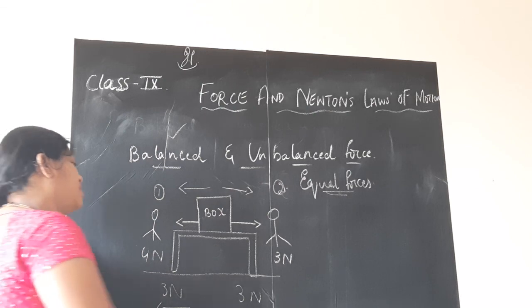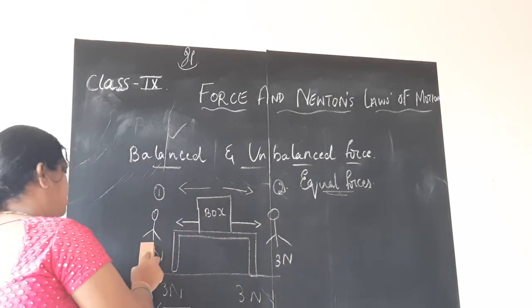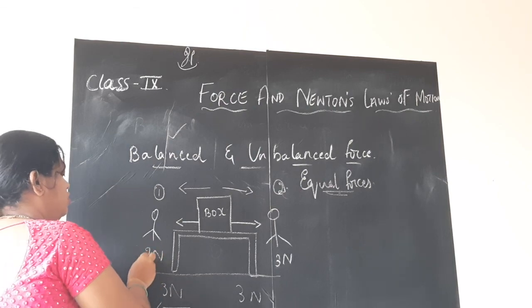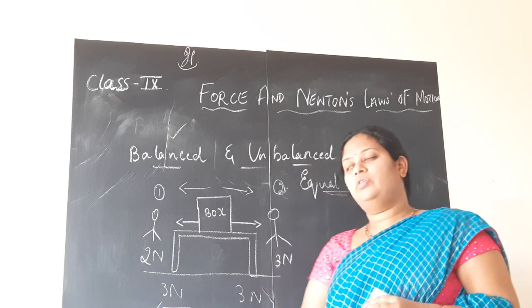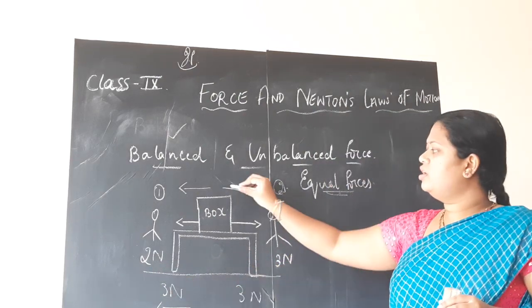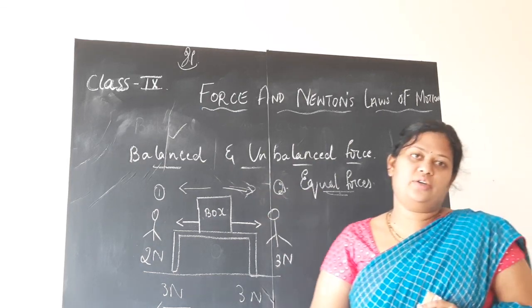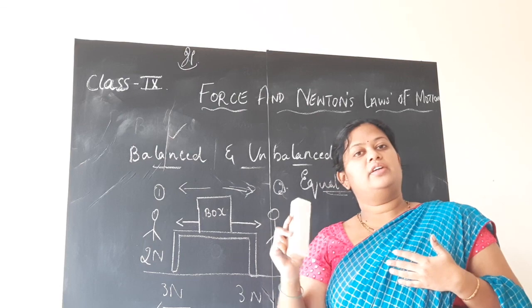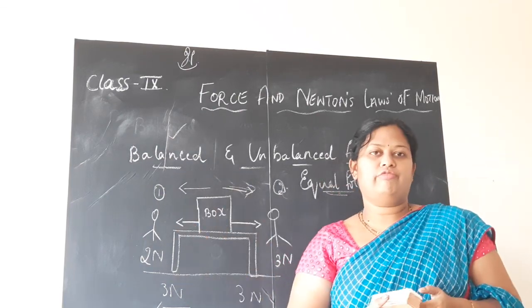Now if person 1 is applying a force of 2 Newton and the second person a force of 3 Newton, of course 3 Newton is greater than 2 Newton. So now the box will start moving towards the right side, that is towards person 2. In both cases, children, the box moves towards whoever is applying more force.